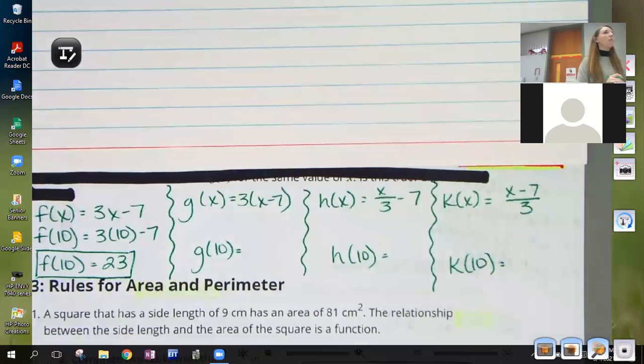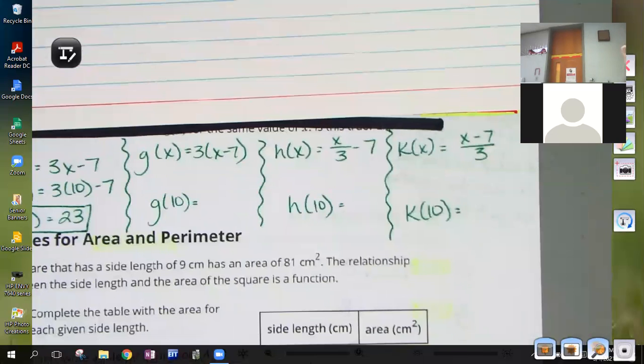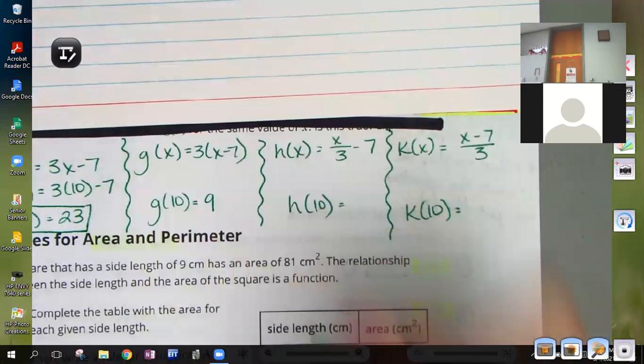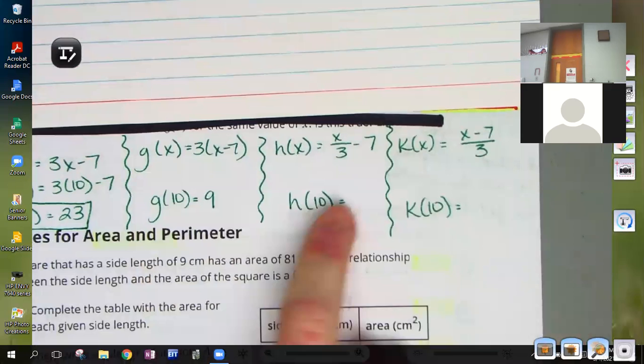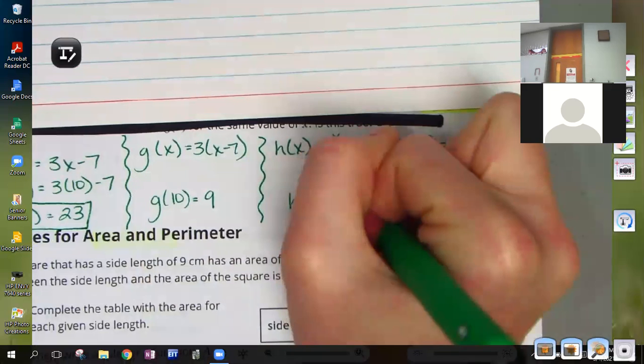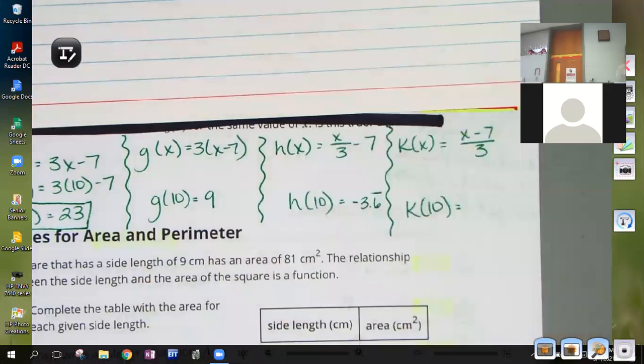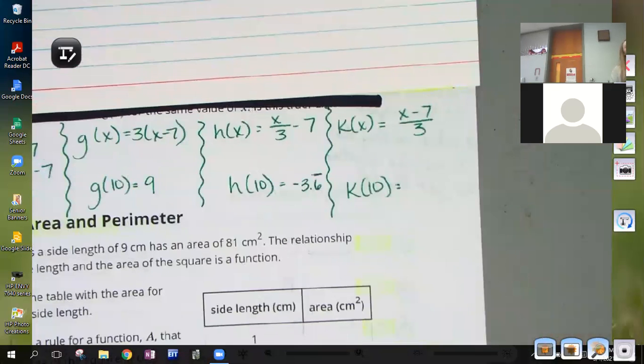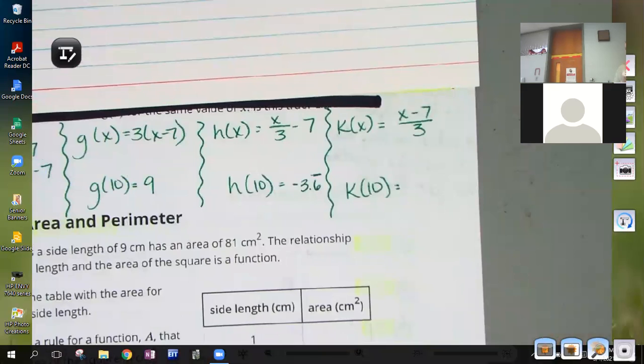Okay, so when the input is 10, what is the output for G of 10? 9. What is the output for H of 10? Negative 3.6 repeating, which you could have rounded to negative 3.7. What is the output for K of 10? 1.